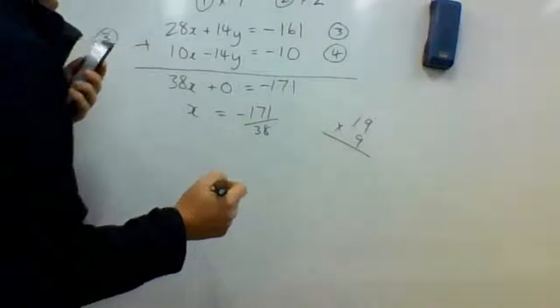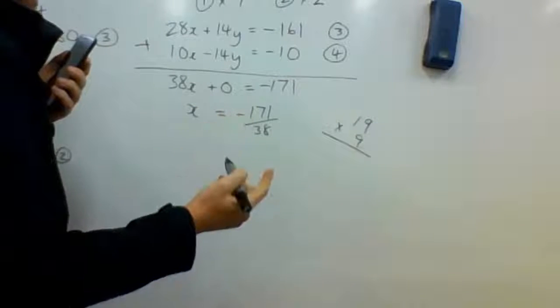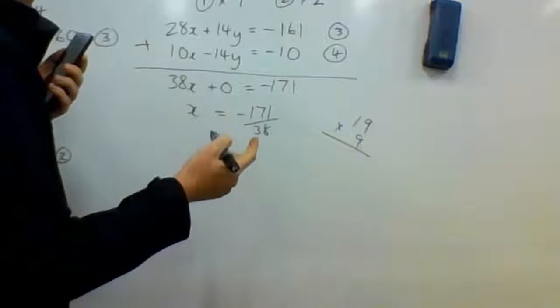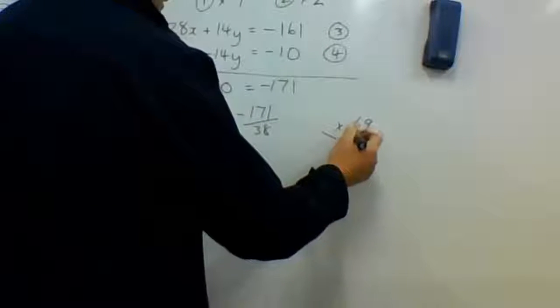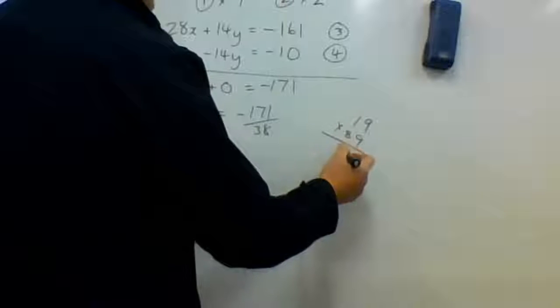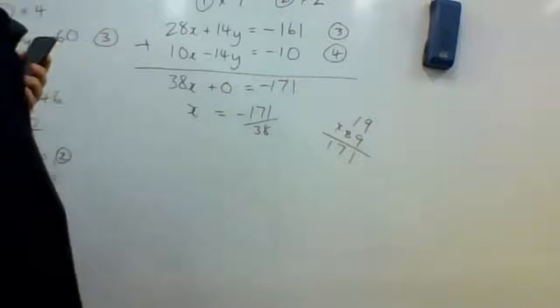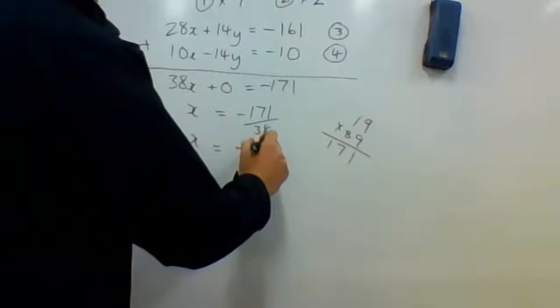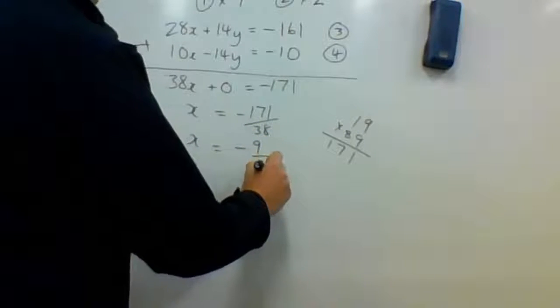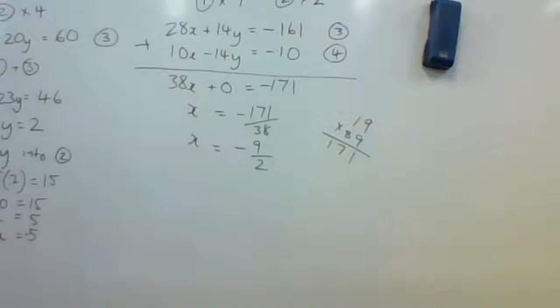Now, the reason I'm trying that is because I know that 9 times 9 ends with a 1. I know that 20 times 9 should be 180, so I think this is going to work. 9 9's 81, 1 9's 9, plus 8 is 17. Gee, got it right, fantastic. So x is going to equal negative 9 over 2. And as I said, you could use a calculator to do that.